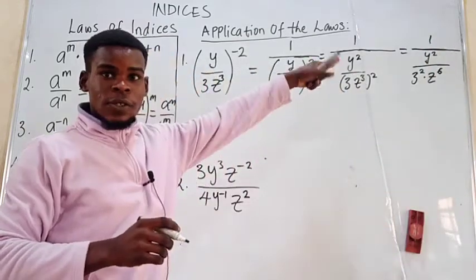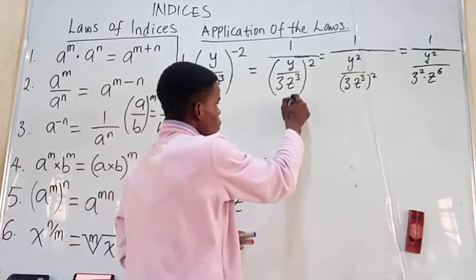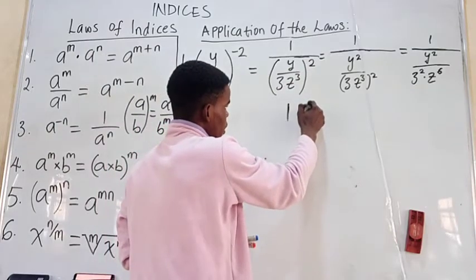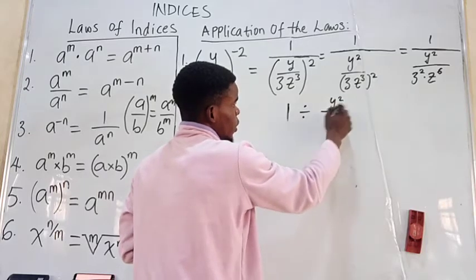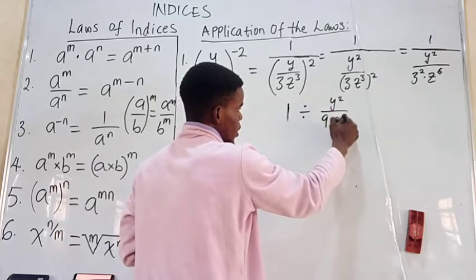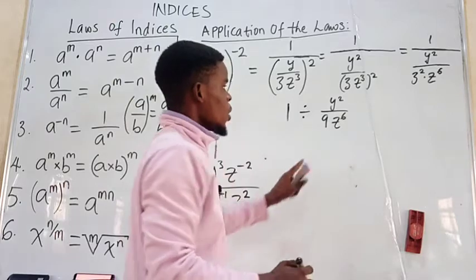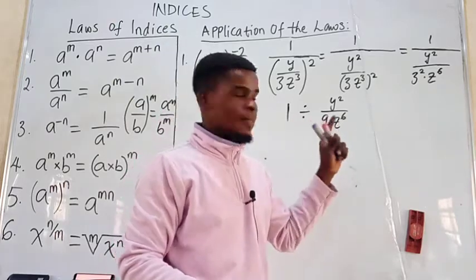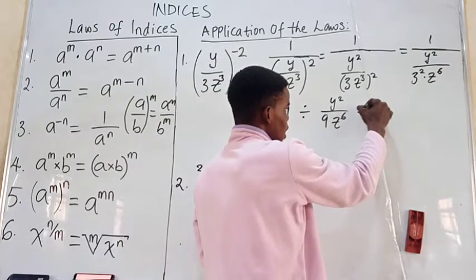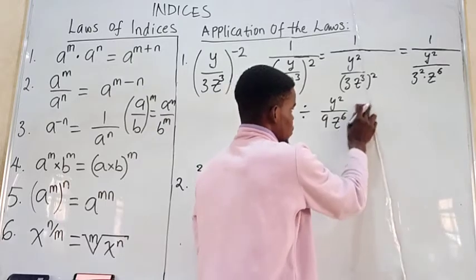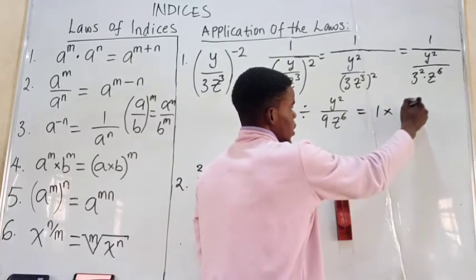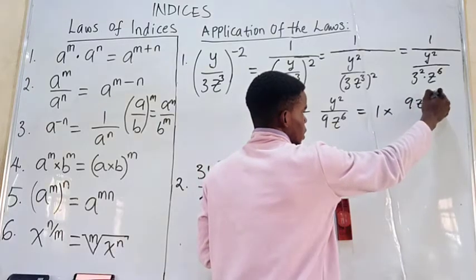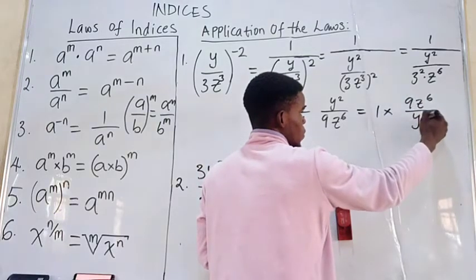So, we're going to try to invert things. You see that we're having 1 divided by y squared over 3 squared, which is just 9, z to the power 6. So we're going to change things to multiplication, and then we will have 1 times 9z to the power 6 divided by y to the power 2.